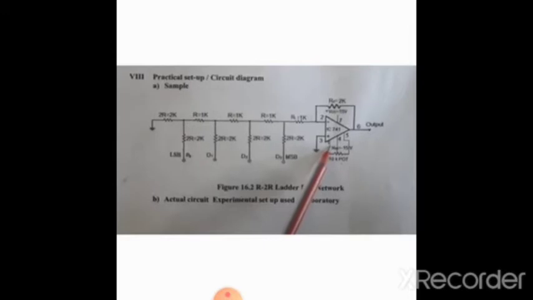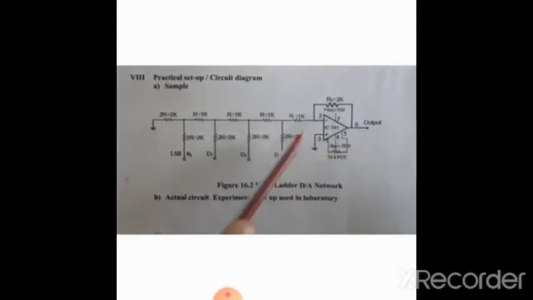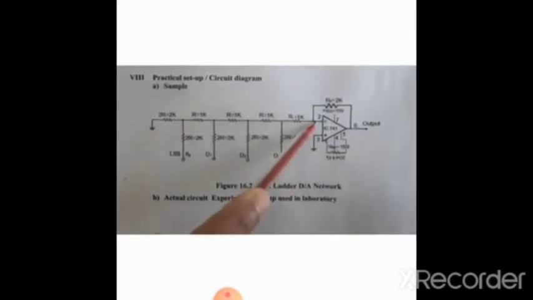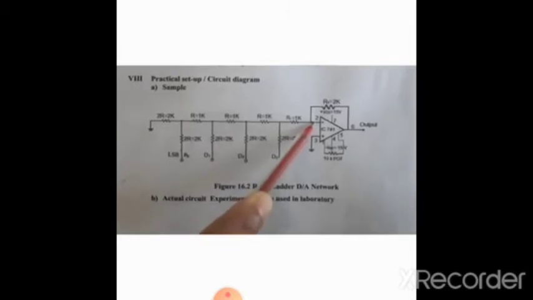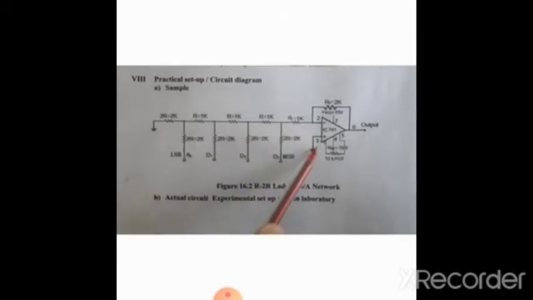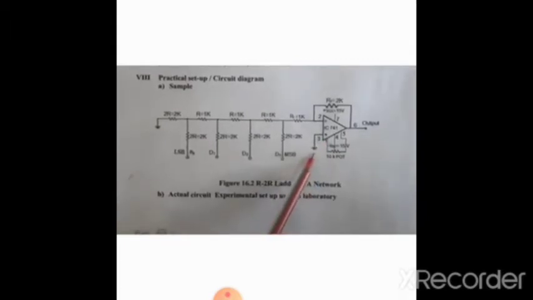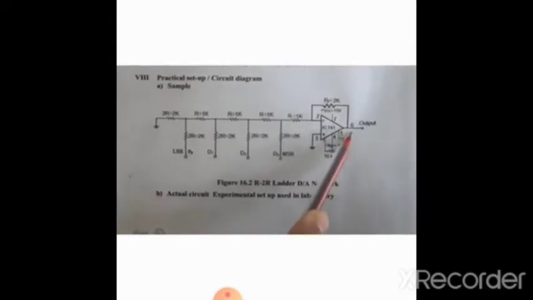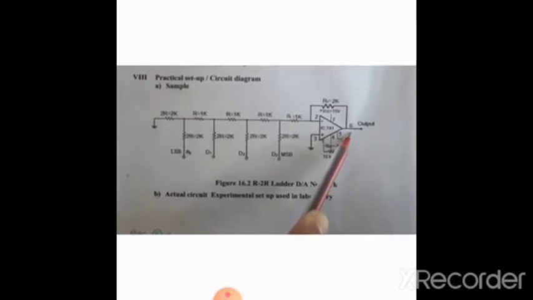This op-amp has two inputs, one is inverting and the second is non-inverting. Non-inverting means positive, and inverting means the negative terminal. Pin number 2 is inverting here and pin number 3 is non-inverting. Pin number 3 is connected to the ground and pin number 6 is the output terminal where we will get the analog voltage.